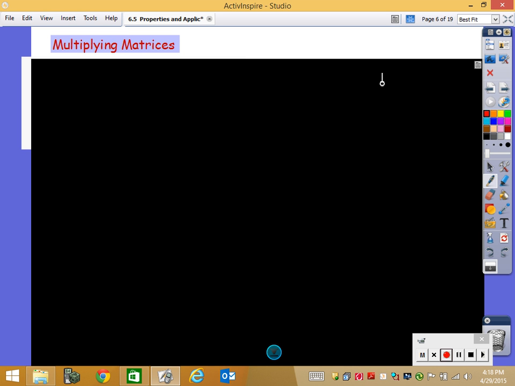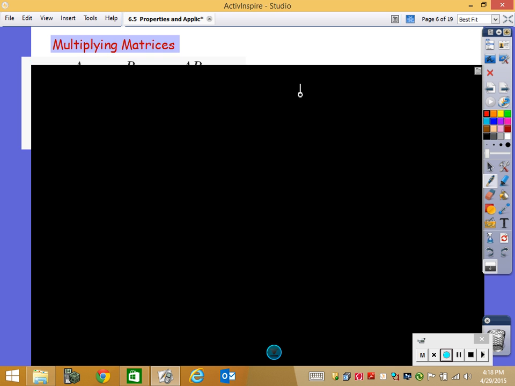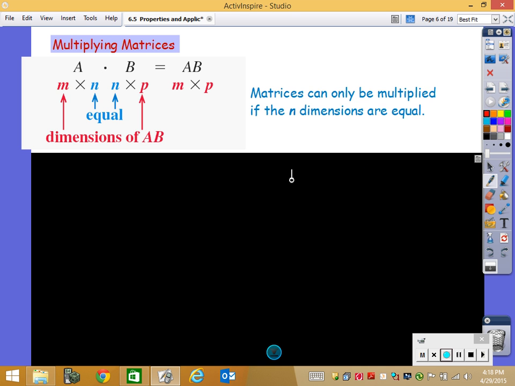Now we're going to multiply matrices. And this is the one where you're going to have to pay close attention, and you may actually have to pick up your fingers and touch to get it to work. So first of all, matrix A times matrix B should equal AB matrix.